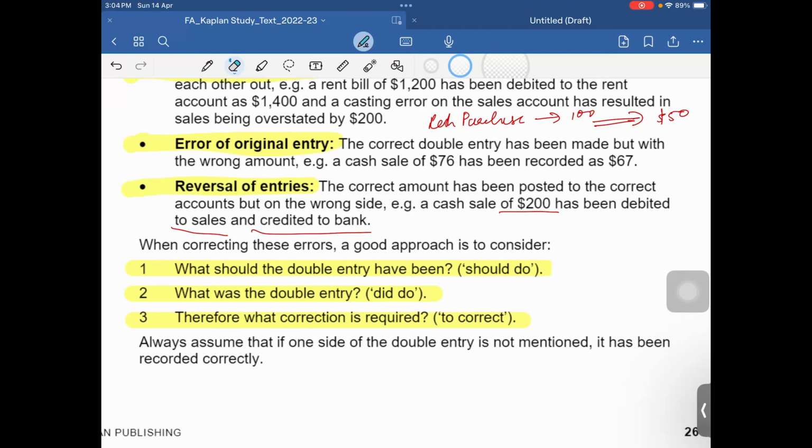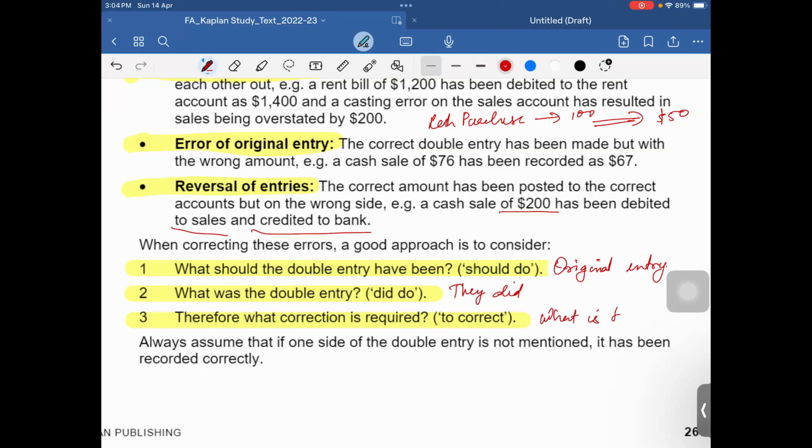So while you're correcting, there are 3 steps that you follow. The first one is the original entry, that means what should have been done. The second step is what they did. The third step is what is to be corrected.